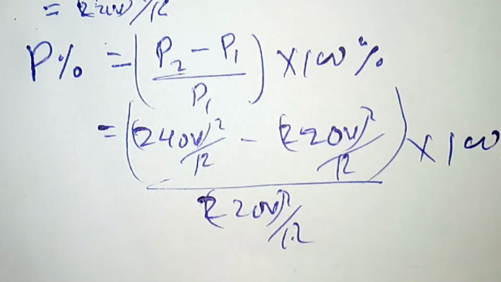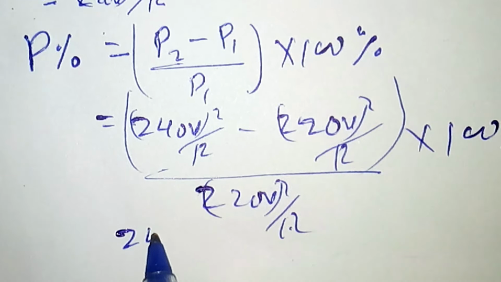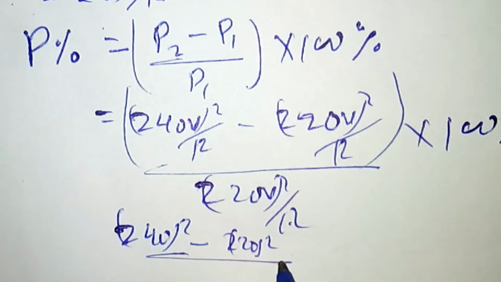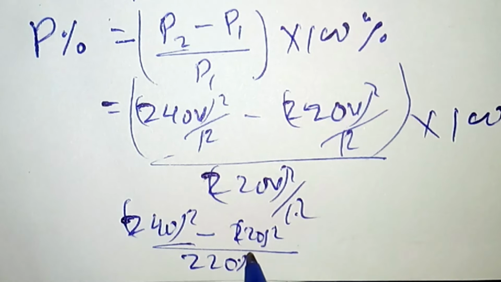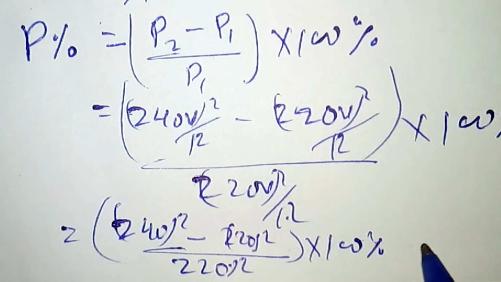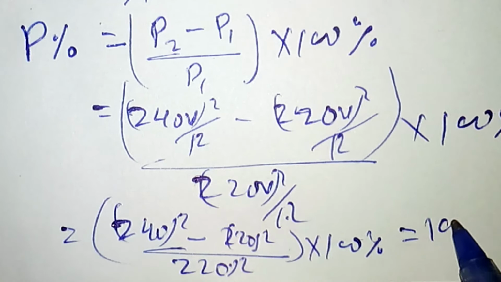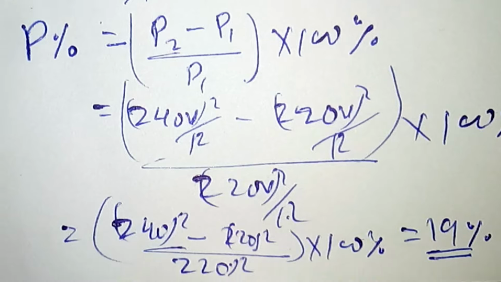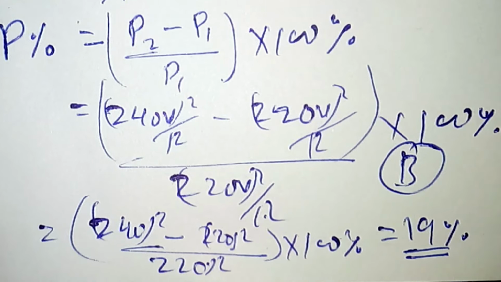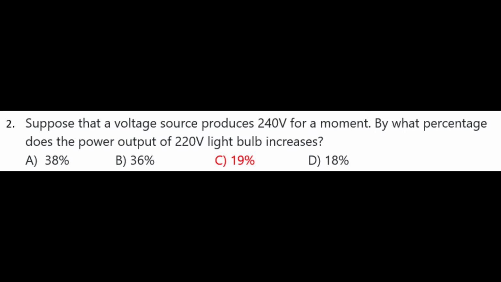What is left is 240 squared minus 220 squared divided by 220 squared times 100%. If you do this calculation directly, you get 19%. The correct answer is alternative B, which is 19%.